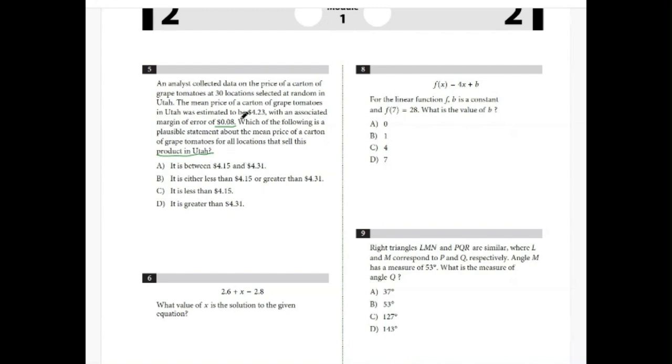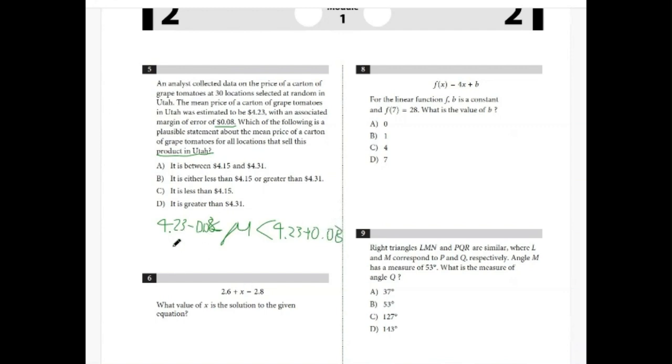So what margin of error means is, for some value of mean here, it has to be 4.23 minus 0.08, and it should also be between 4.23 plus 0.08.